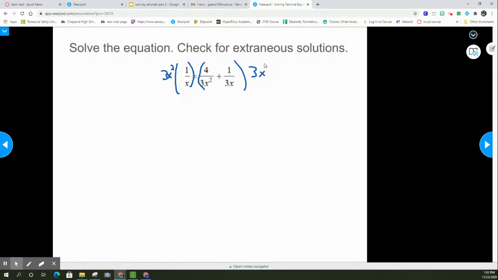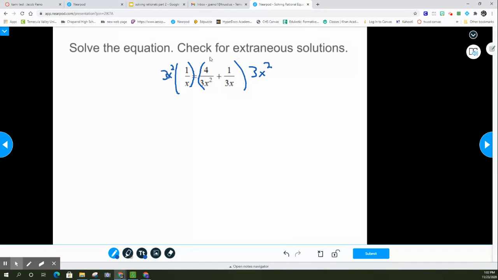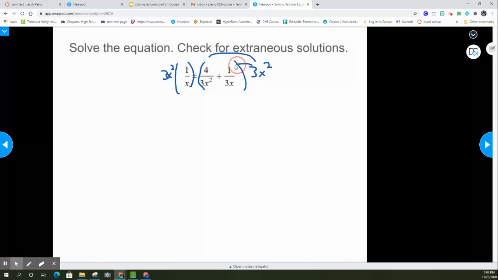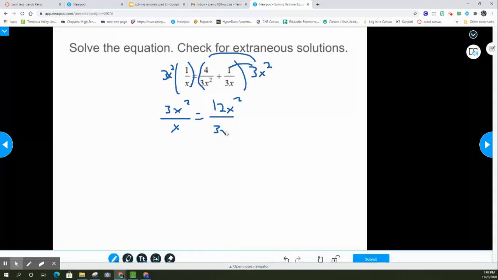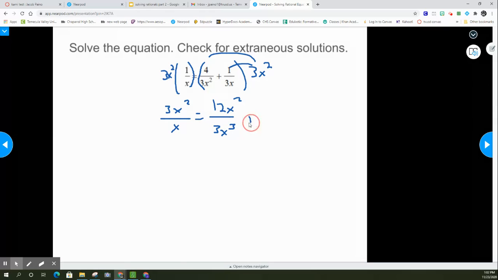Now I'm going to distribute that on this side. And so you end up with 3x squared over x equals 12x squared over 3x squared plus 3x squared over 3x.